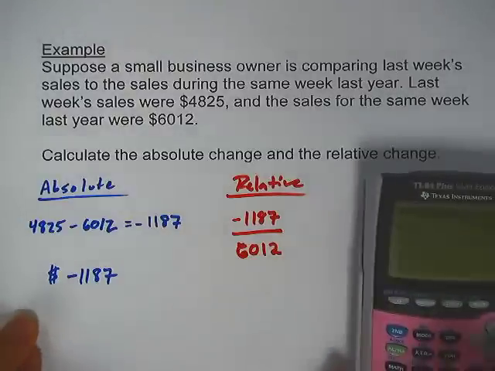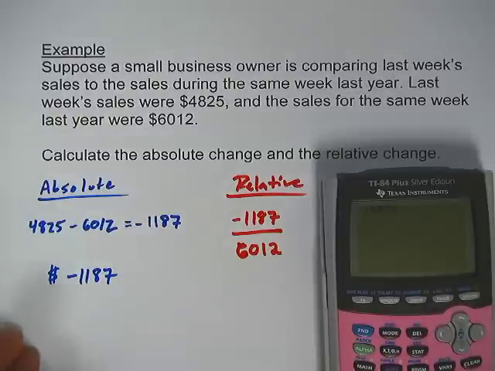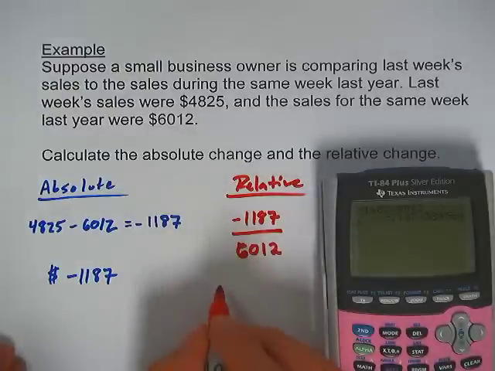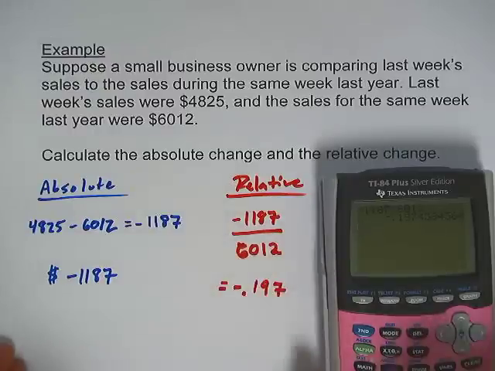Okay, so now if I put that into my calculator, I'm going to do negative 1,187, and I'm going to divide that by the old value, which is 6,012, and I end up with negative 0.197. I'll round that way.